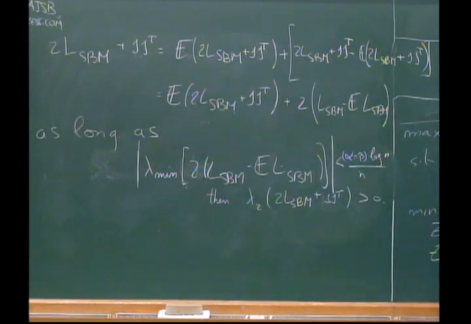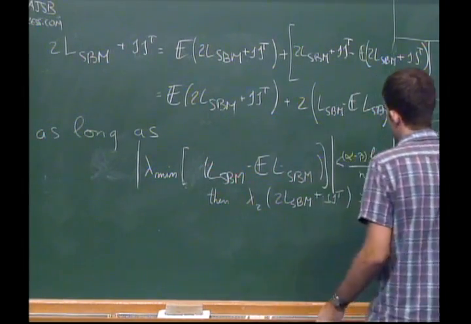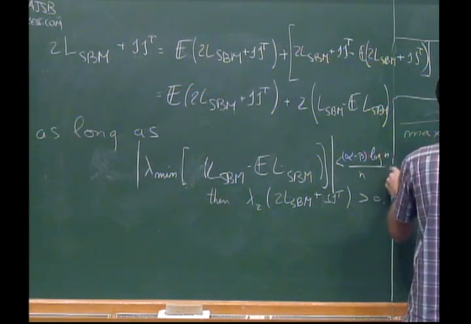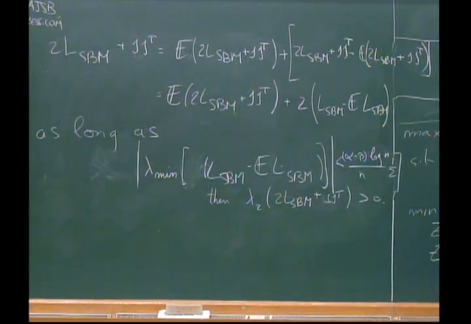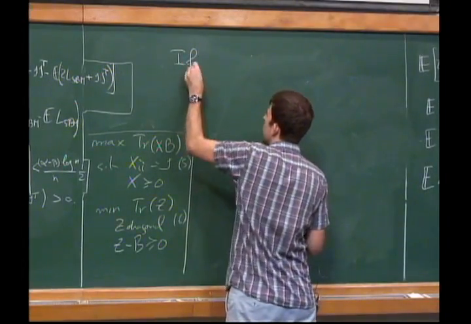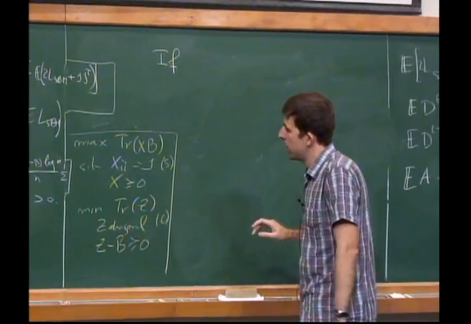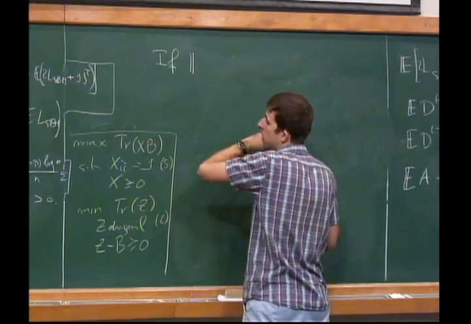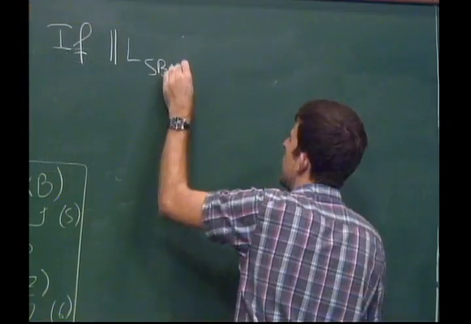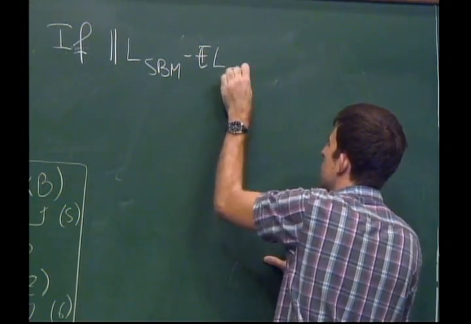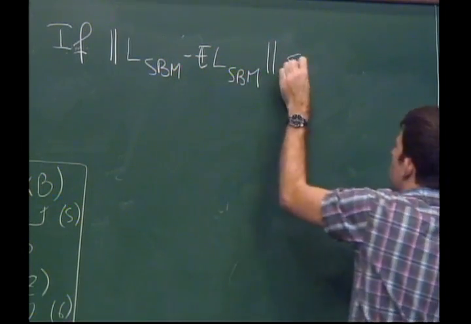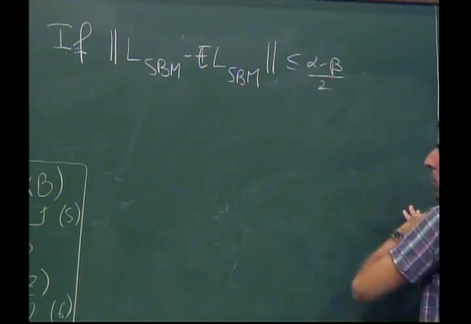So in particular, what this tells us is the following. So we can move this 2 from here to here. Okay. So what this tells us is, remember that LSBM is a random variable that depends only on the draw of the graph. So if the spectral norm of LSBM minus its expectation is smaller or equal than alpha minus beta over 2 log n.